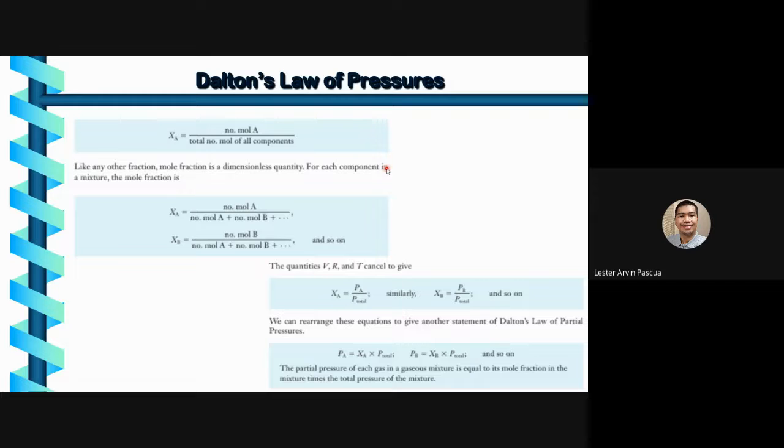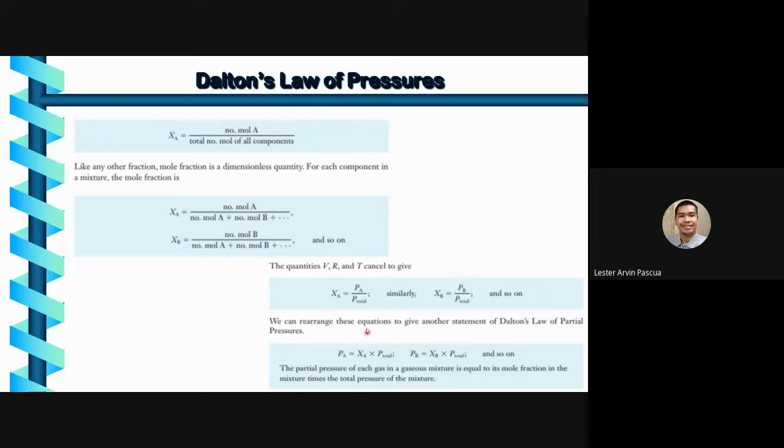Anong percent ng total mixture mo yung component na hinahanap mo. Ganun lang naman siya. So, for example, yung mole fraction mo of your component A is equal to the number of moles of A over your total number of moles, or your summation of your number of moles of A, B, C, etc.